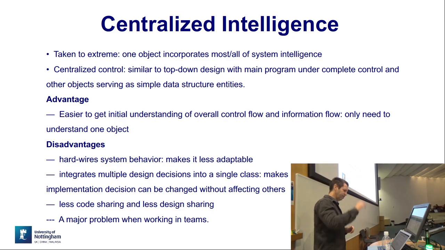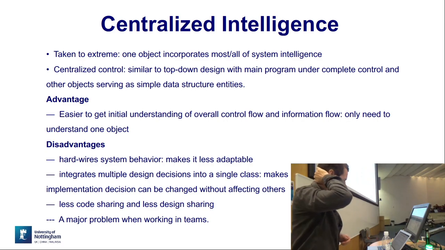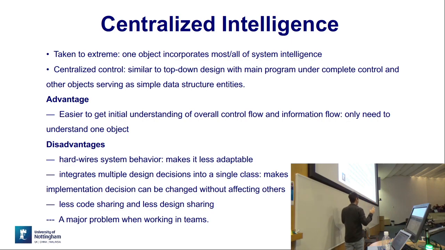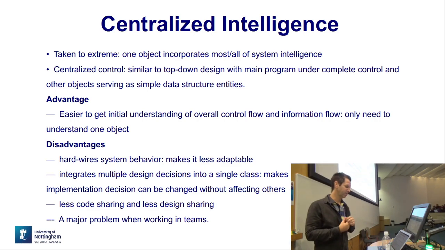Okay, we're going to talk about this general notion of centralized intelligence, the CIA. Everybody, I always think of the CIA when I see this slide. So if we think about the extreme example, we can think about one class, one object, all of the methods are in that class.